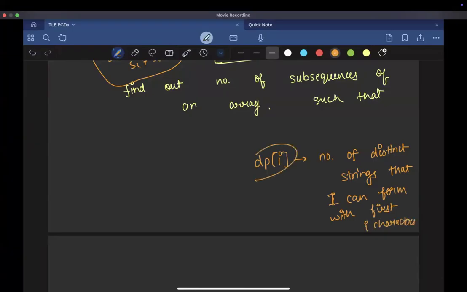So if you have a string, this i is denoting that DP i will tell you the number of distinct strings that you can have from the first i characters in this given string.